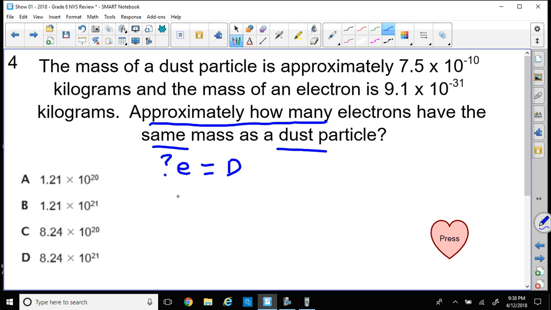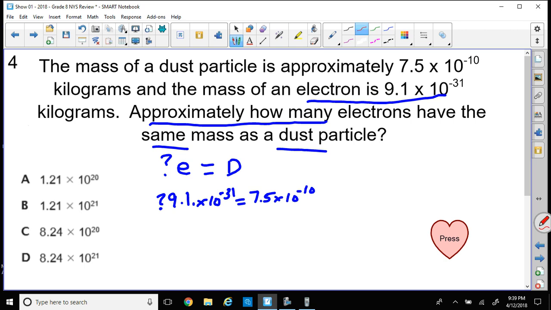So how many times the electron would be equal to the dust particle? The electron was 9.1 times 10 to the negative 31, and that's equal to the dust particle, which was 7.5 times 10 to the negative 10.